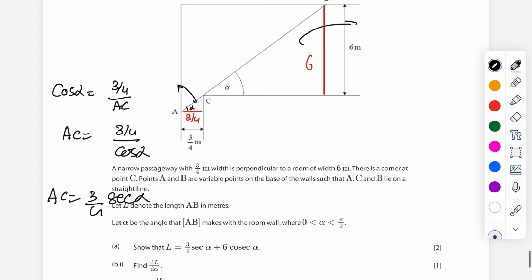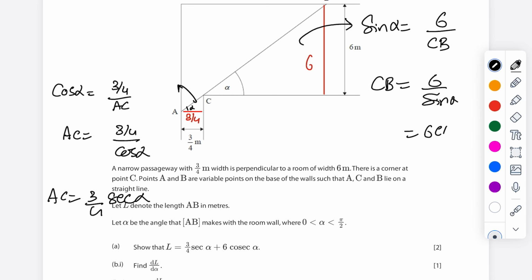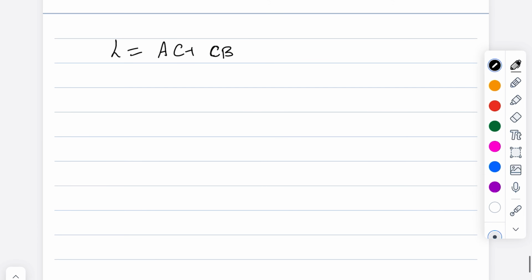Similarly, in this triangle, rather than cosine alpha, I take sine alpha, because the opposite side is 6: sine alpha equals 6 upon CB. So what is CB? 6 upon sine alpha, which is 6 cosecant alpha. So now L is 3 upon 4 secant alpha plus 6 cosecant alpha.